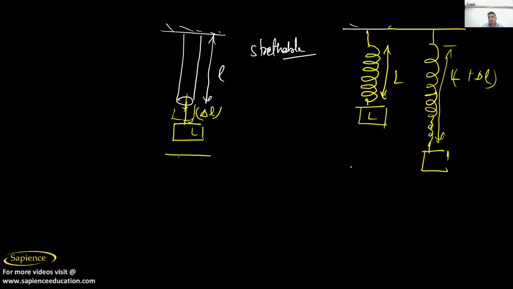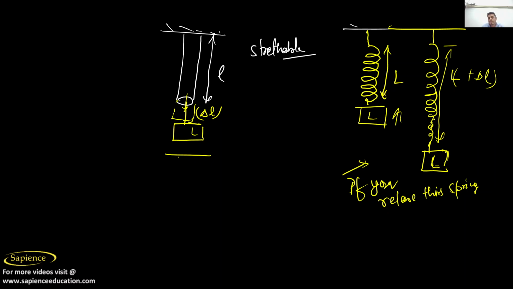So now tell me, if you release this spring, what will happen? It will go up, that is, it has some energy. As soon as you have applied a force or a load, you need to do work to make it stretch.